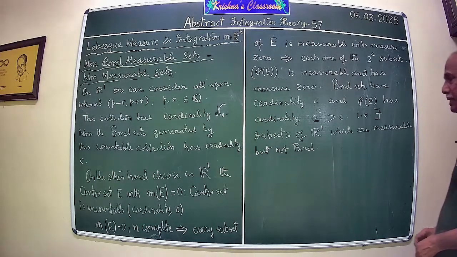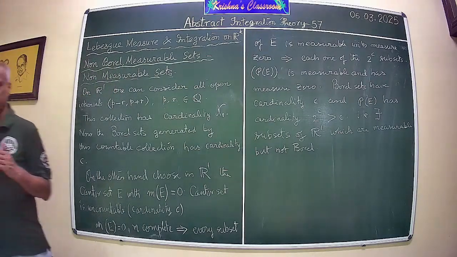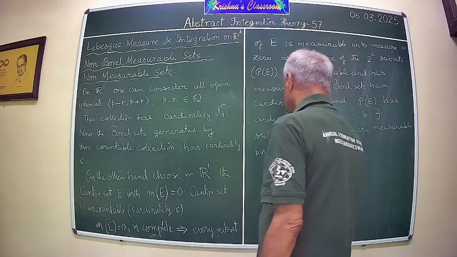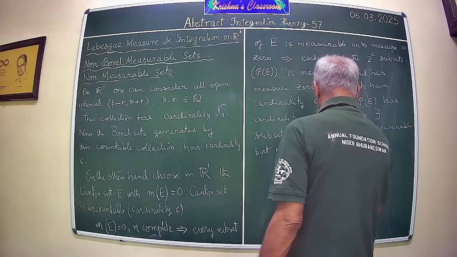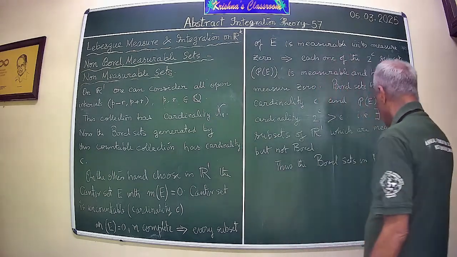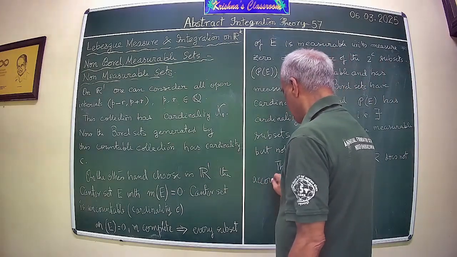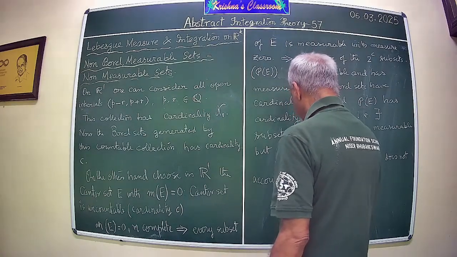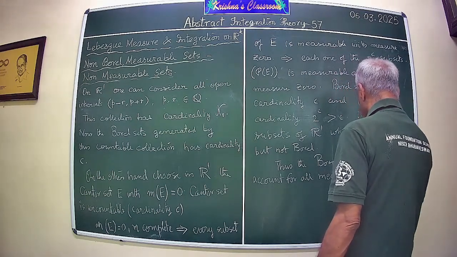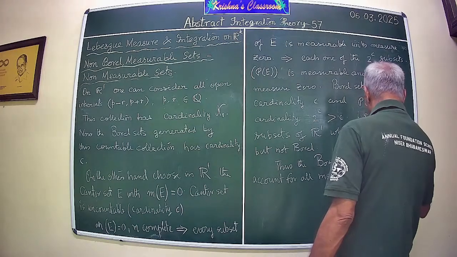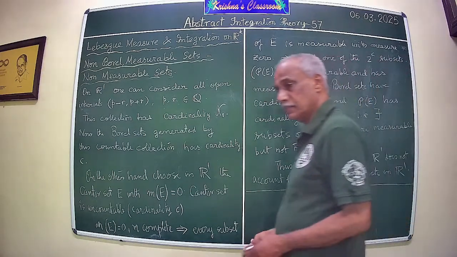So that says that the collection of Borel sets does not account for the entire Lebesgue measurable sets on R1 itself.